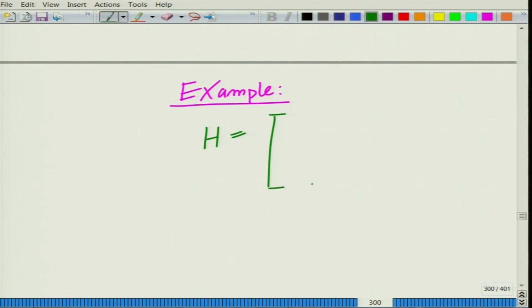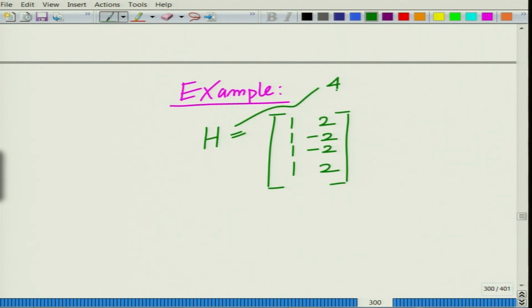Let us consider H, which is this 4 cross 2 matrix. So, it is a tall matrix, 4 cross 2.